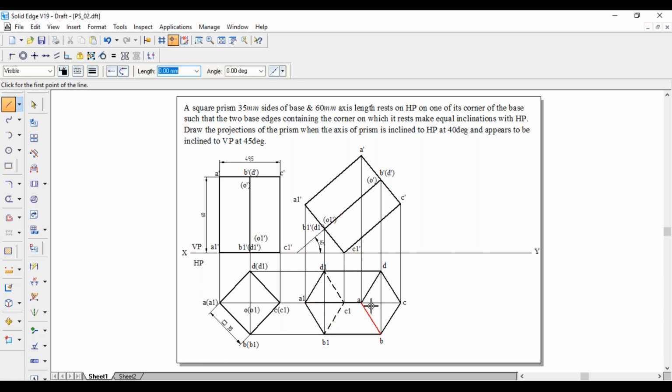So show the dotted line only between C to A, not from fully C to C1. Only from C to A show the dotted line. As this C1 is made up of 3 dotted lines, 1, 2, and this one third one. So this one should be written in the bracket.